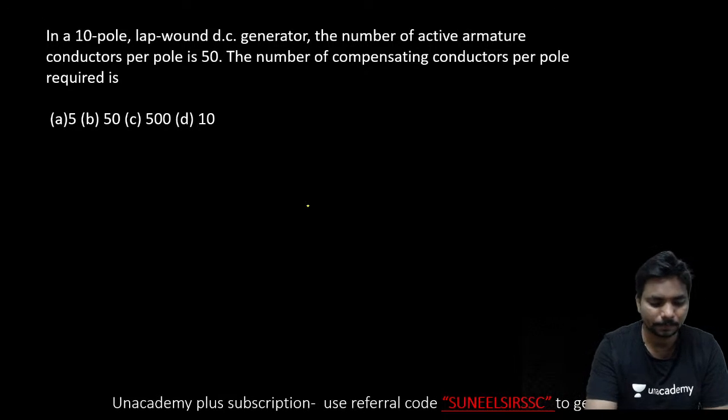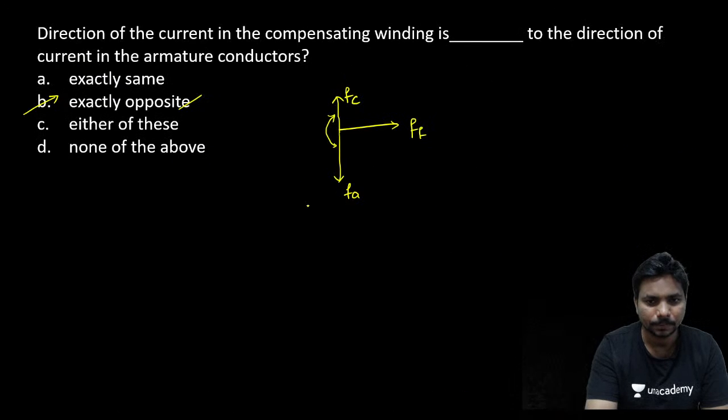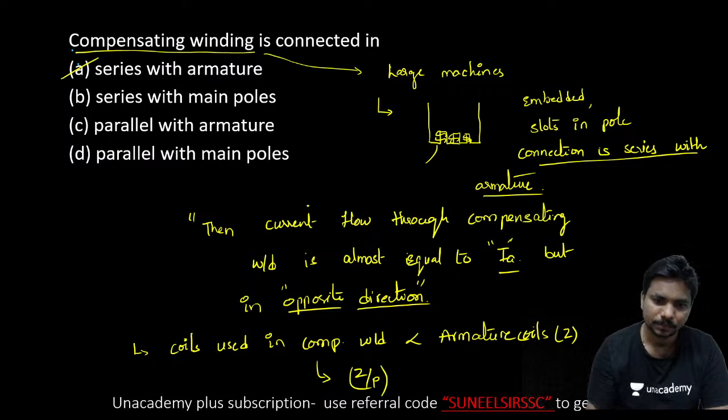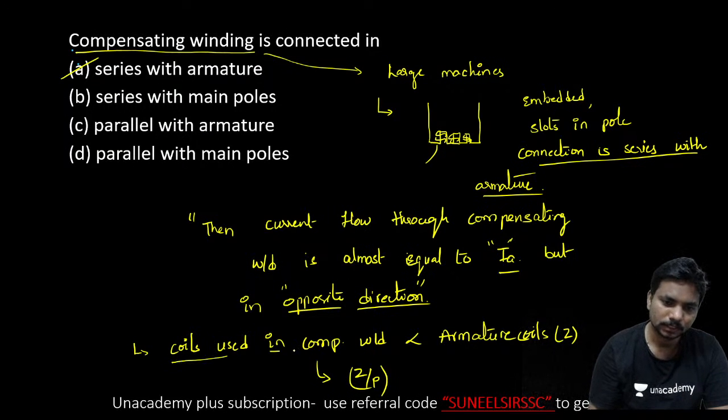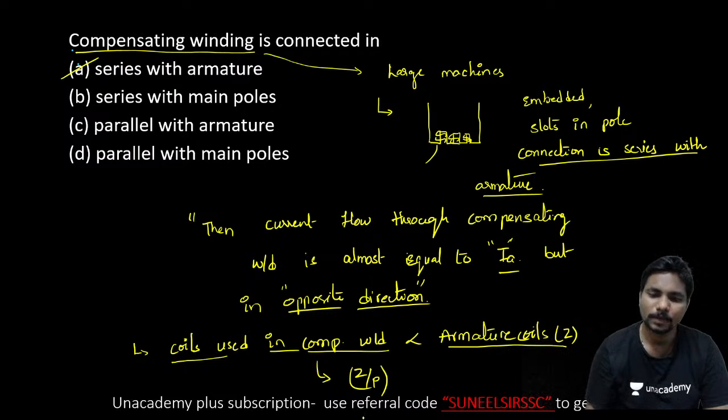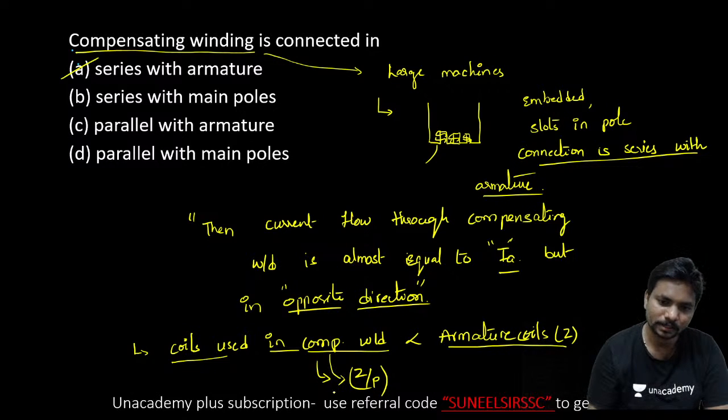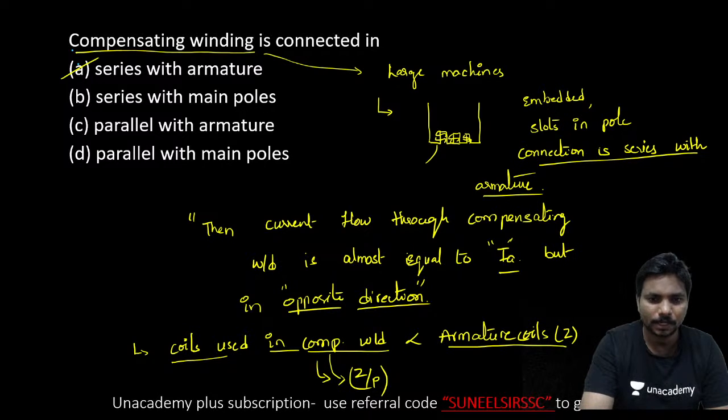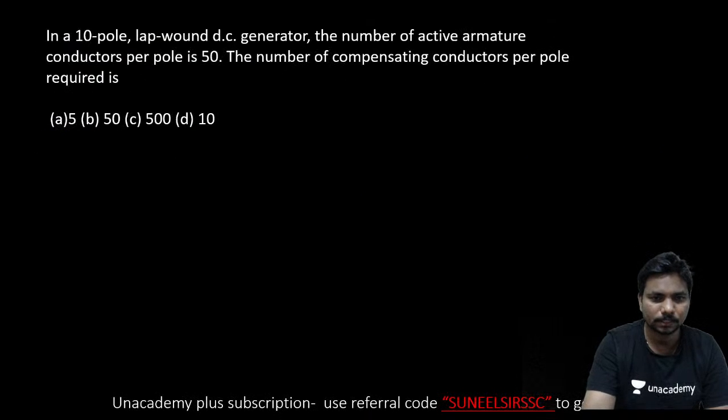What I said in the previous, I have given that the coils used in compensating winding are always less than the armature coils. So that formula for the compensating winding is nothing but Z by P. Use that formula here.